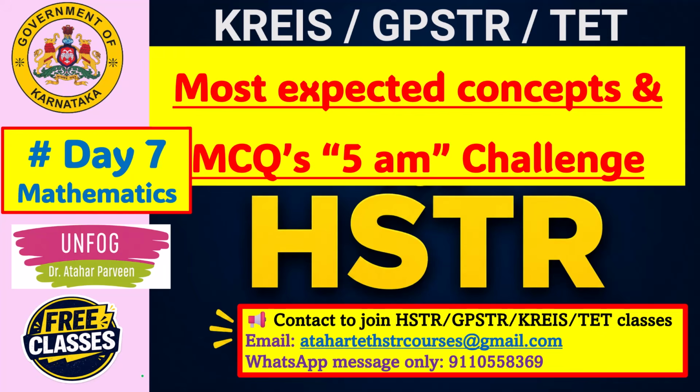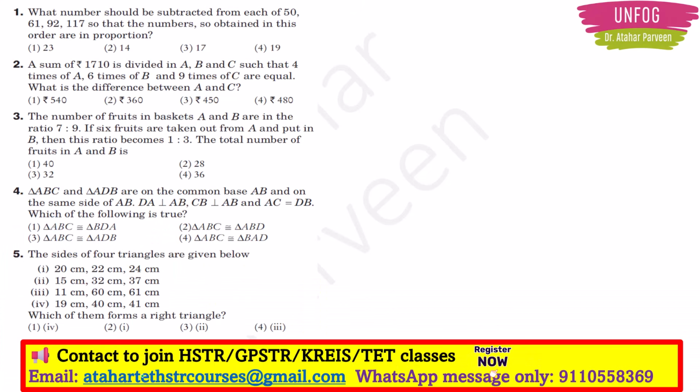So let us start with today's first question. What number should be subtracted from each of 50, 61, 92, 117 so that the numbers so obtained in this order are in proportion?